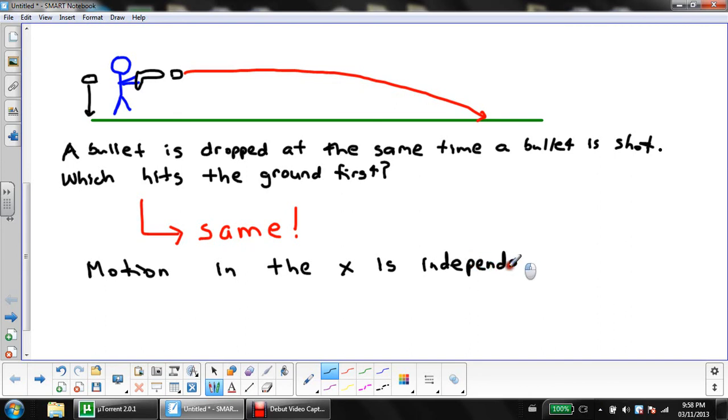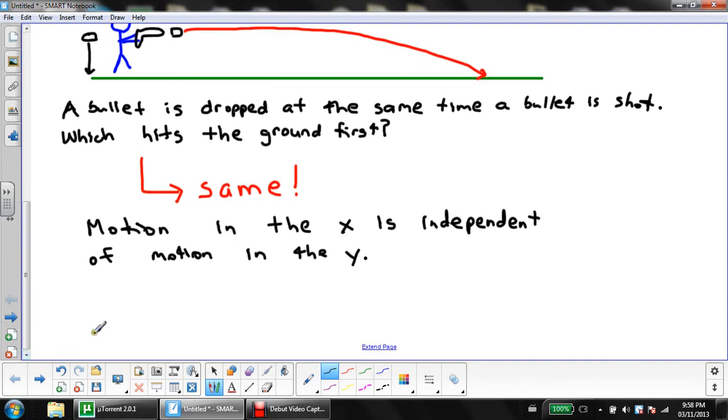Independent of motion in y. Totally separately.